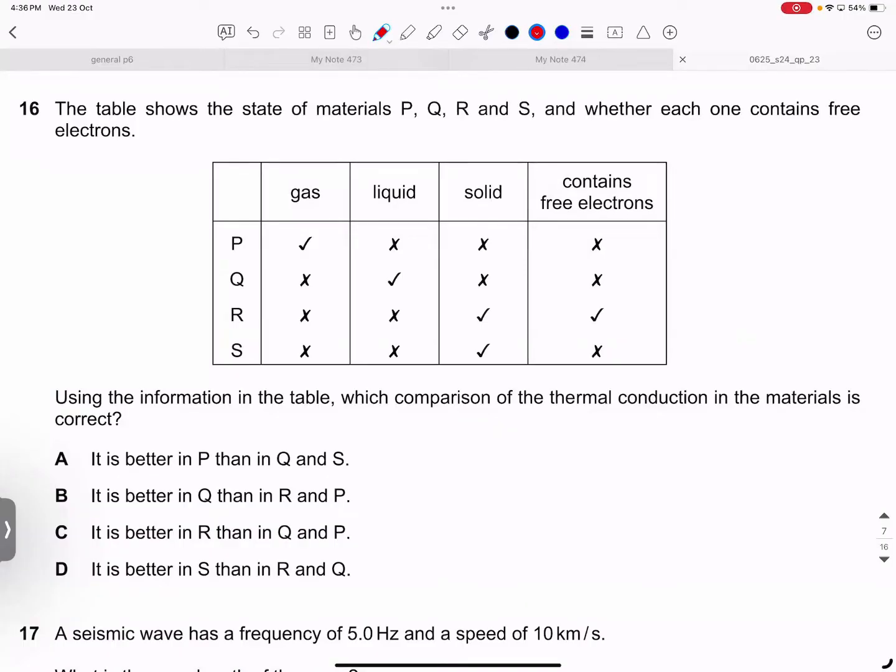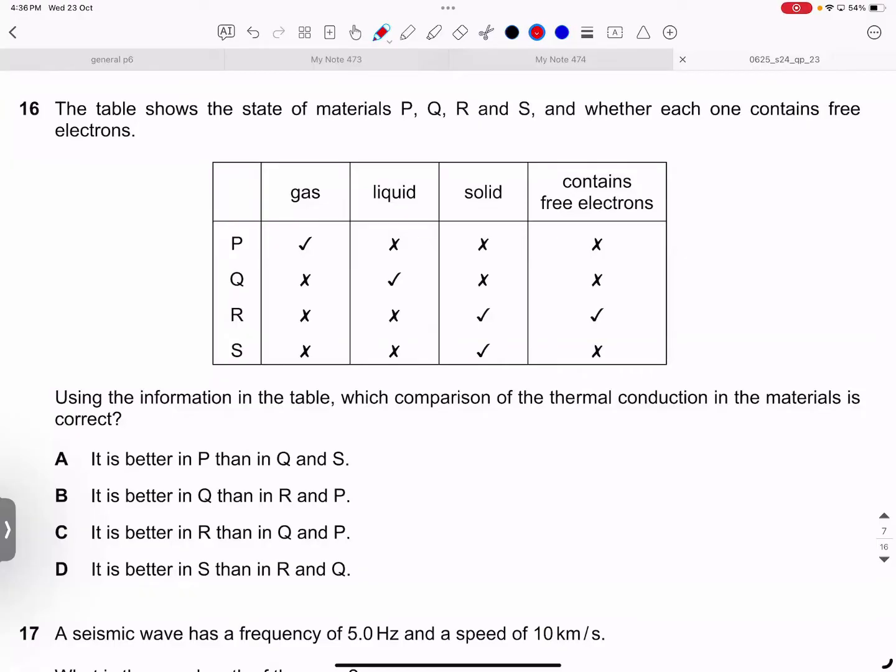So they are telling you, first of all, material P is a gas, no free electrons. Q is a liquid, no free electrons. R is a solid, with free electrons. And S is also a solid but no free electrons.